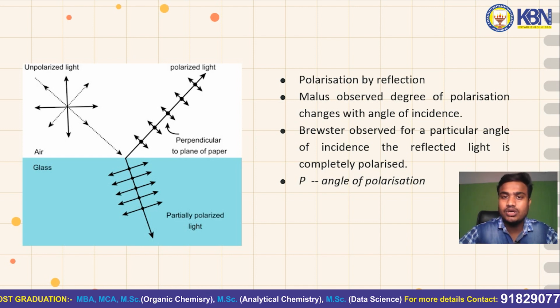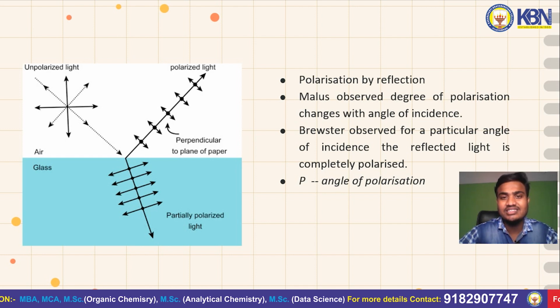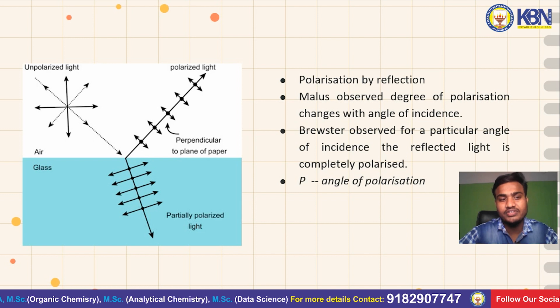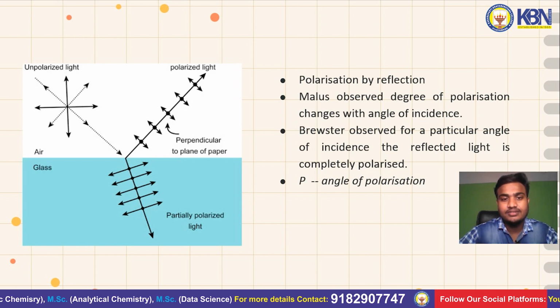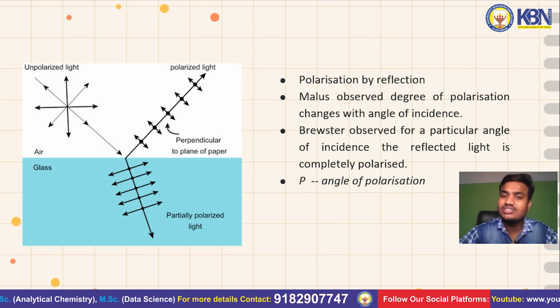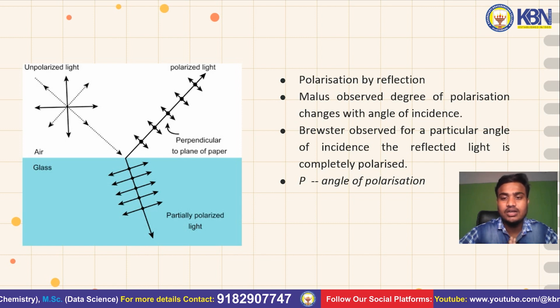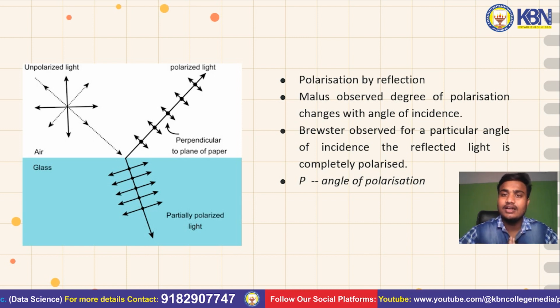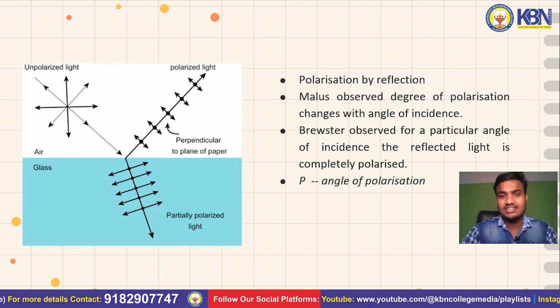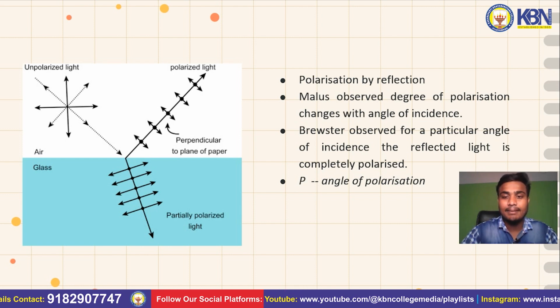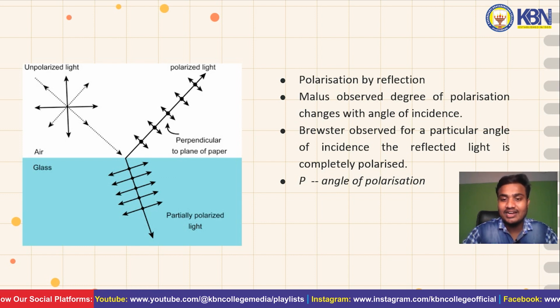Initially, Malus observed that the degree of polarization changes with the angle of incidence. Brewster observed that for a particular angle of incidence, the reflected light is completely polarized.